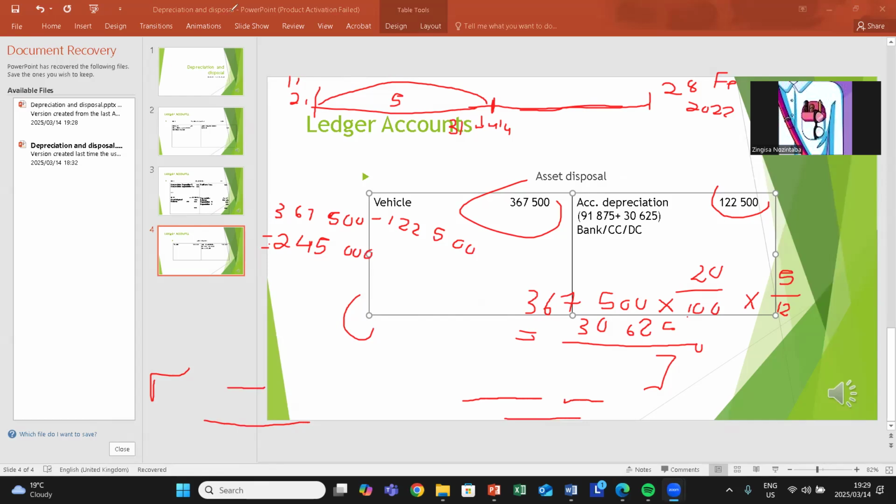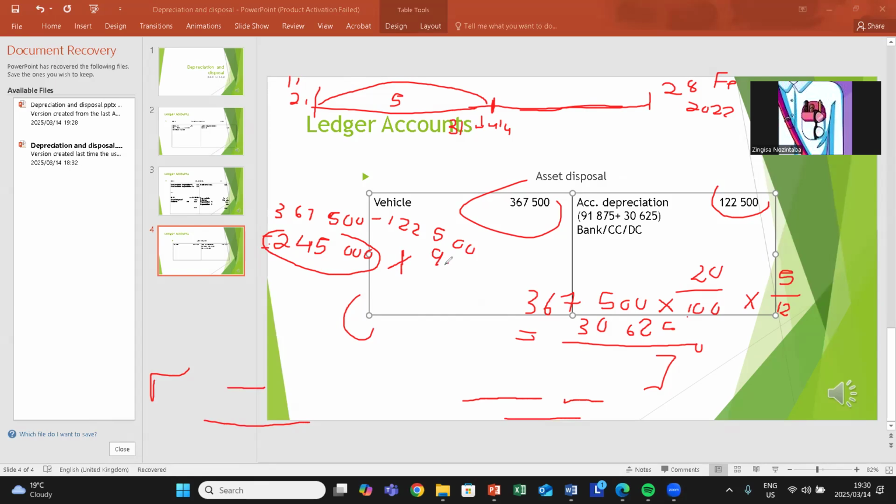And then remember, they say that insurance paid us 90% of our carrying value. How much is our carrying value? Carrying value is 245,000 rand. And then the insurance paid us 90% of the carrying value. Therefore, we'll say multiply by 90%.